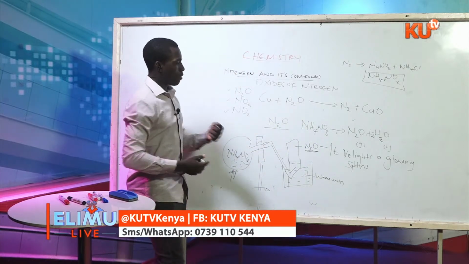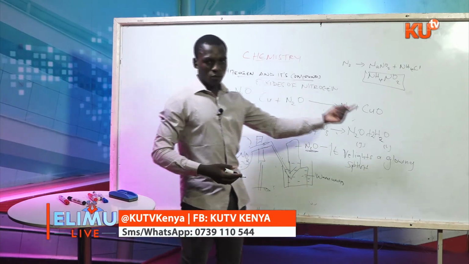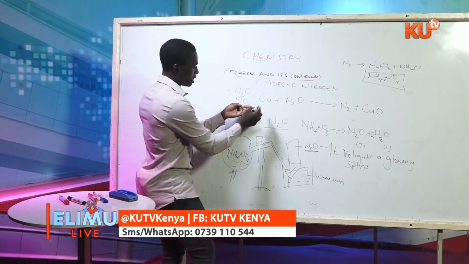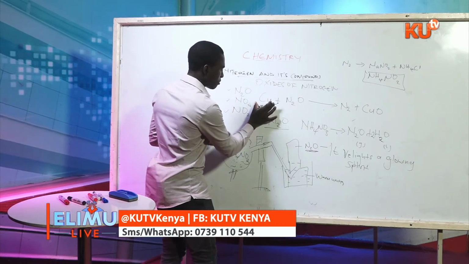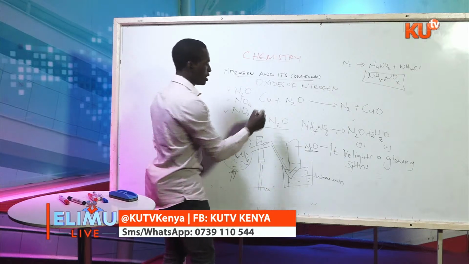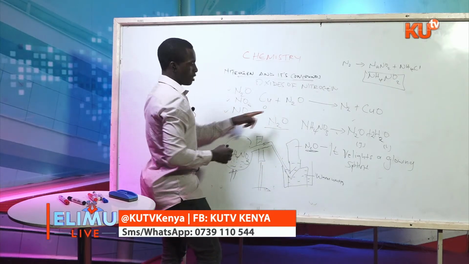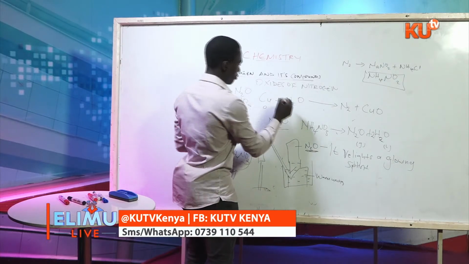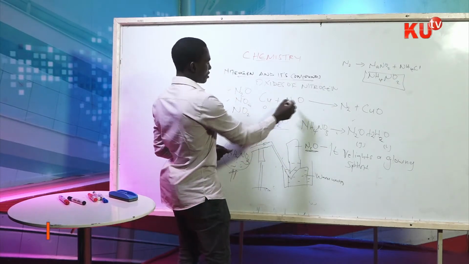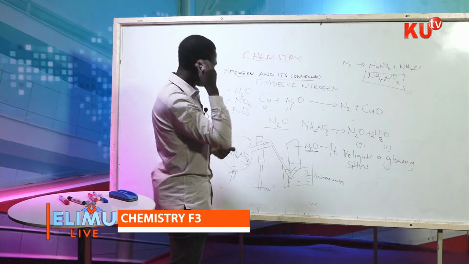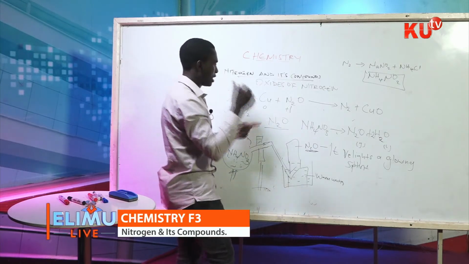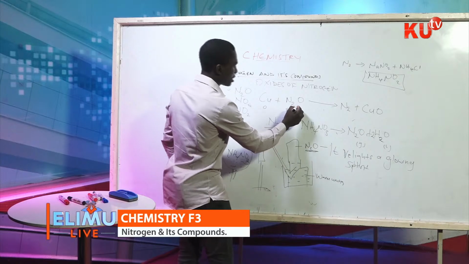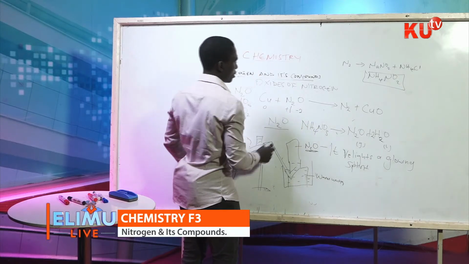Now, I know you are asking yourself, why am I saying that copper is being oxidized into copper 2 oxide? Let's take out the oxidation numbers. The oxidation number of copper here, because it's an element, is 0. The oxidation number of nitrogen here, we just said, is +1. The oxidation number of oxygen here is -2.